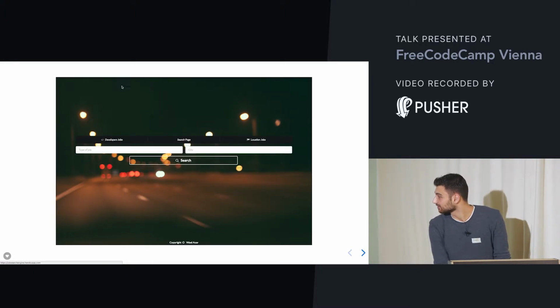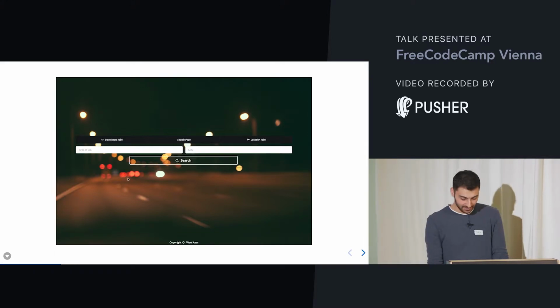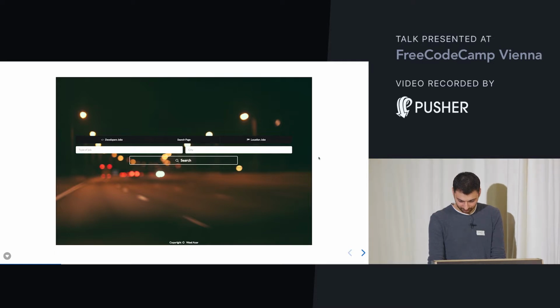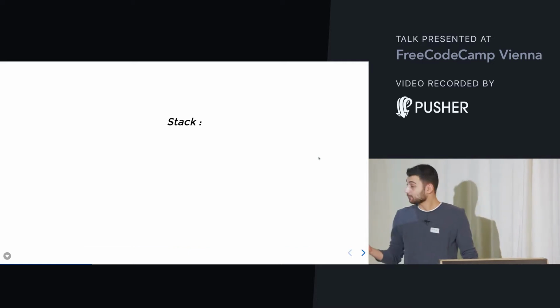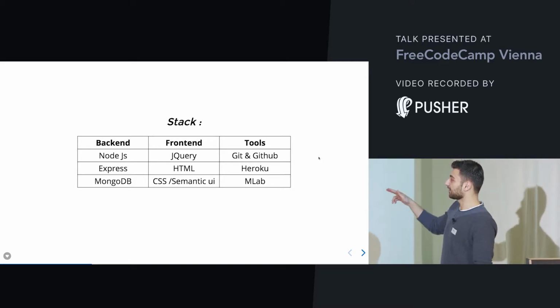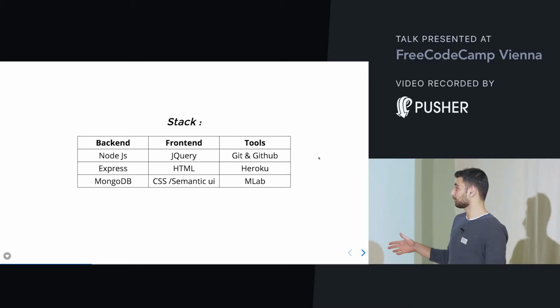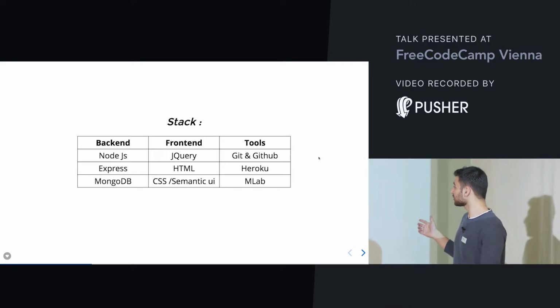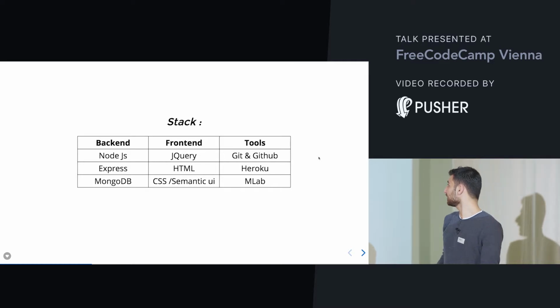And if you want to search again, you can. This is the website I used. The stack I used in the back end is Node JavaScript, the Express framework and the Mongo database, all connected with the back end. The front end was HTML, the Semantic framework and jQuery.